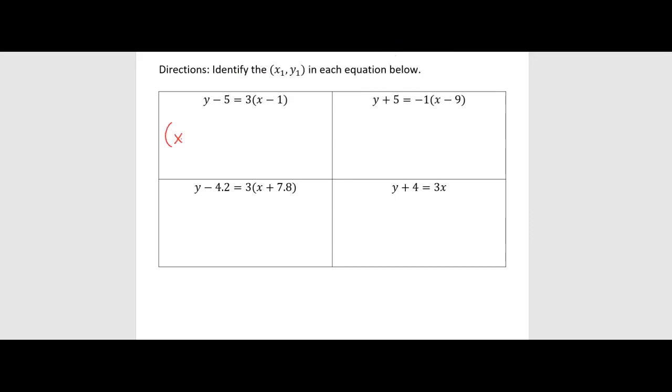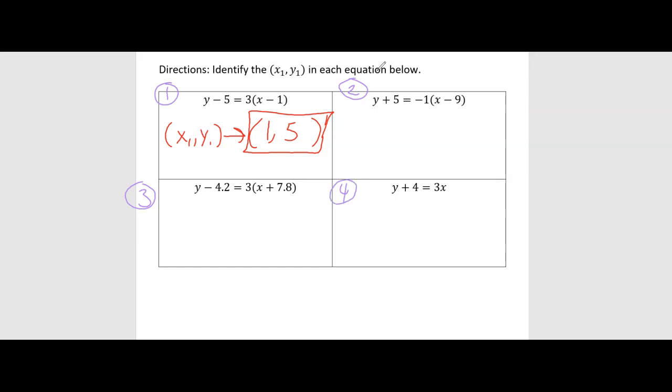Okay, so the x1 and the y1. Tell me what that is in all four of these. Okay, so in the first one, my x1 is positive 1. My y1 is positive 5. In the second one, we'll call this one 2. I'll just label these for us so you have some reference numbers.